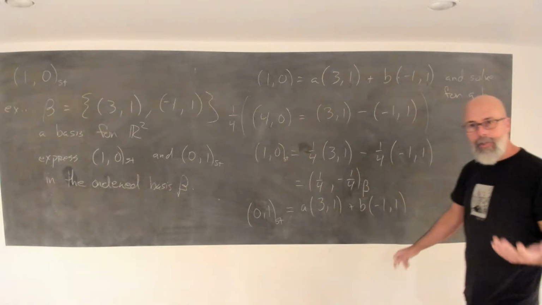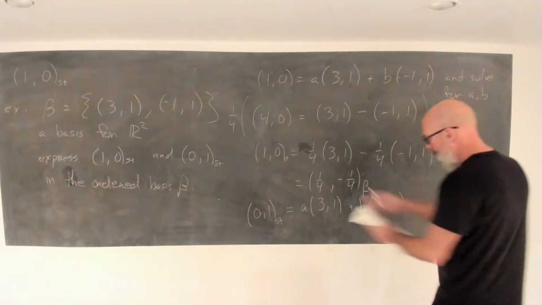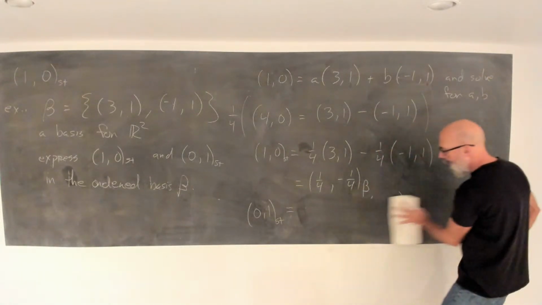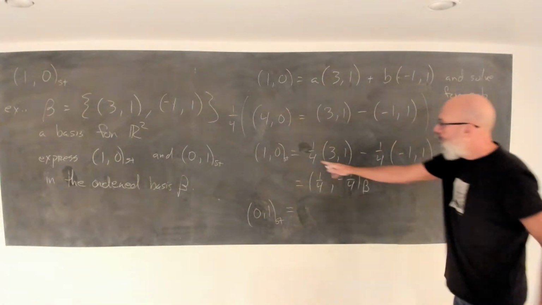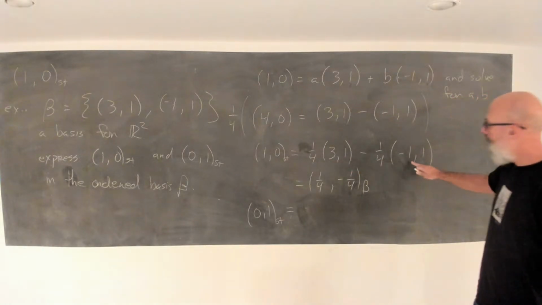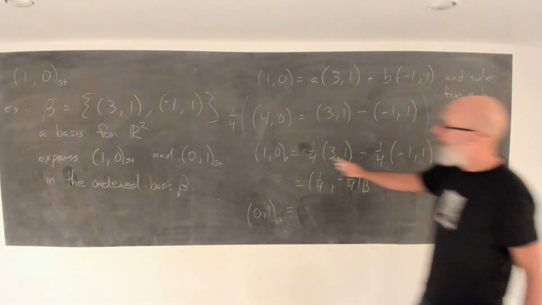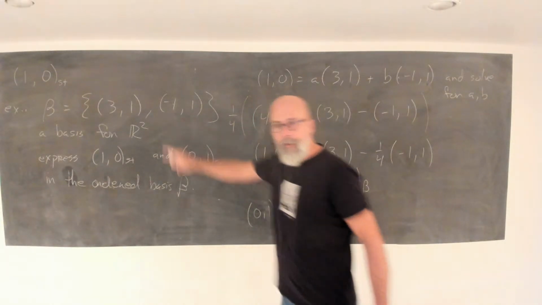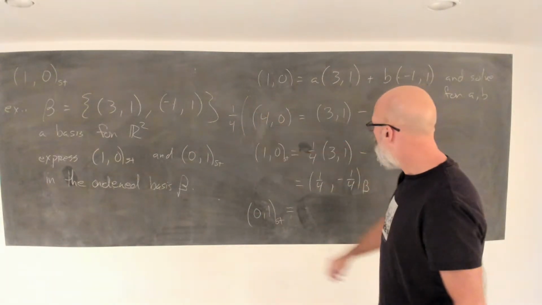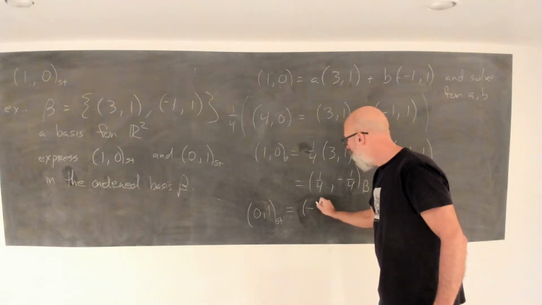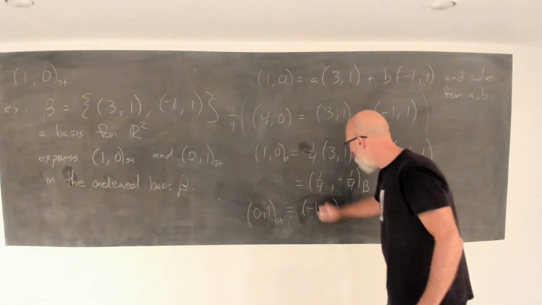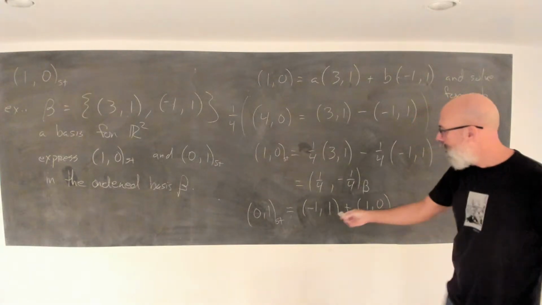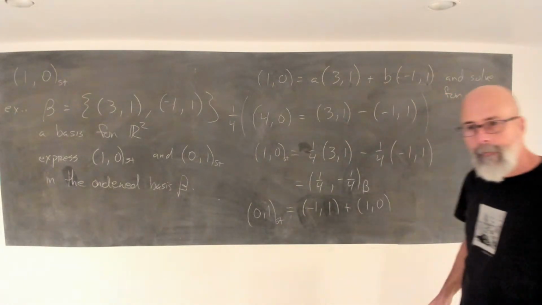Well, that's really the question, and you can solve for A and B. Let's not do that. We already know that this is the vector (1, 0). So if you add it to that, minus 1, 1 plus 1, 0 gives you the vector you want.